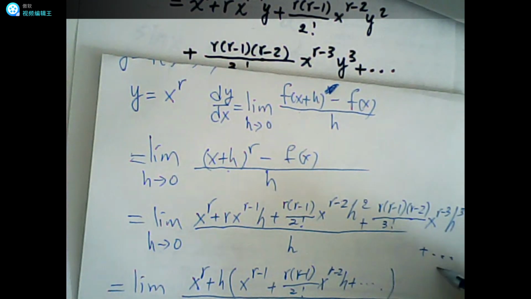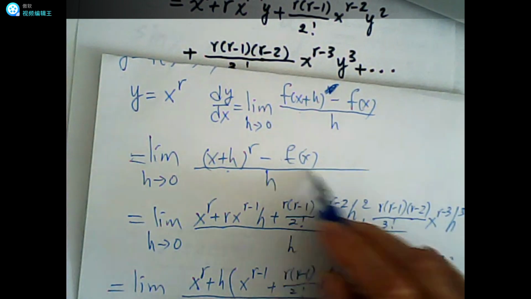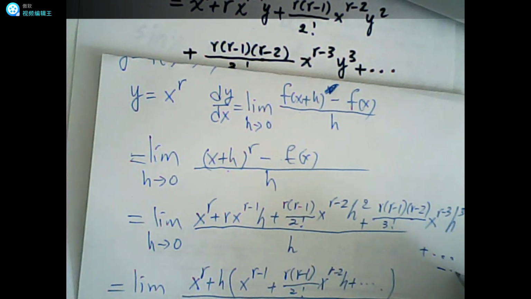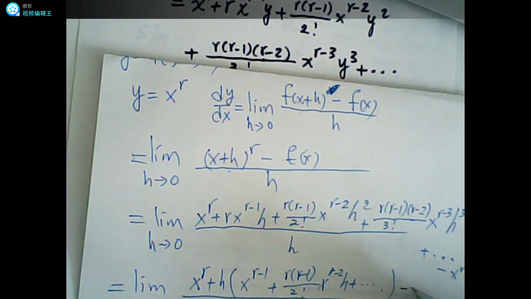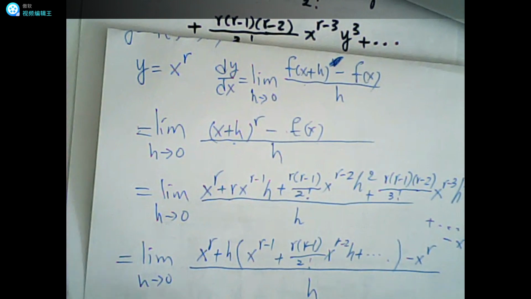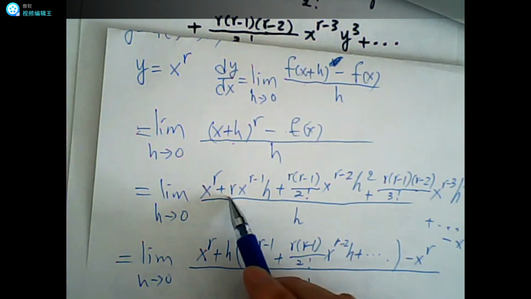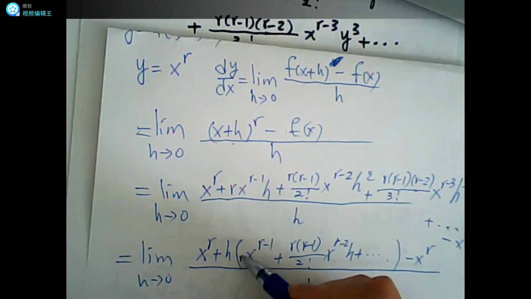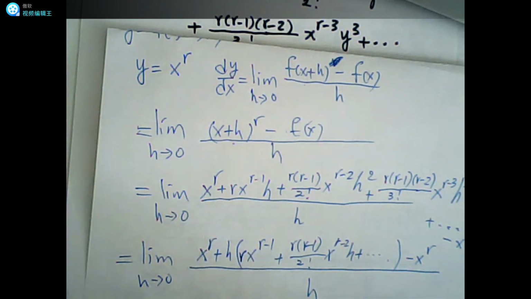And the last term, I forgot this one, is f of x, which is x to the r, so minus x to the power of r. Also I missed r here, sorry, so many details.